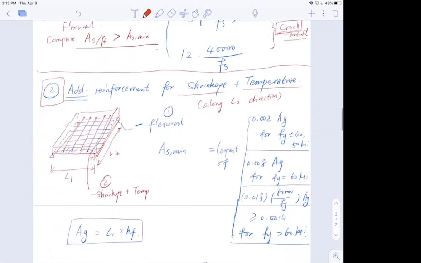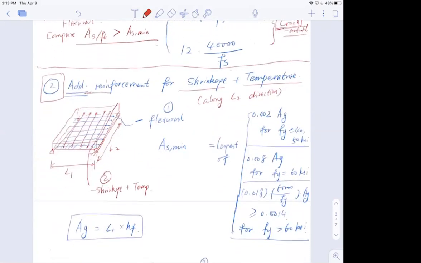So this additional reinforcement is along the other span length, the other direction.